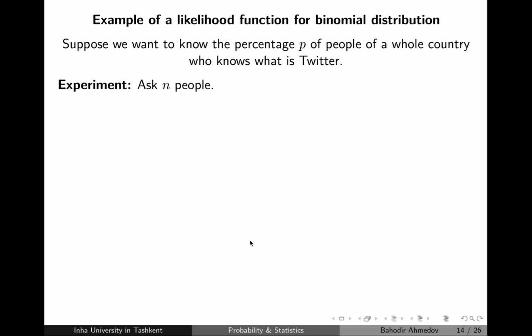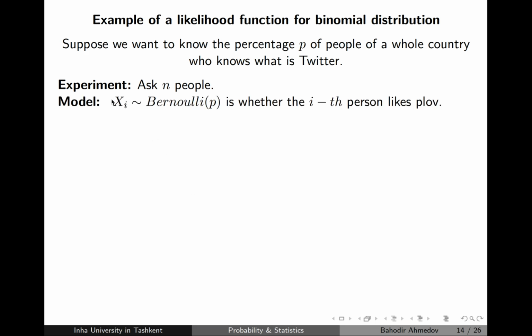So what I can do is ask n people, and my data points are going to be the answer from each person, and it's going to be a Bernoulli trial. I'm going to collect the answers yes or no, and denote them as 1 and 0, right? And the data is going to be 1 and 0 depending on some parameter p.